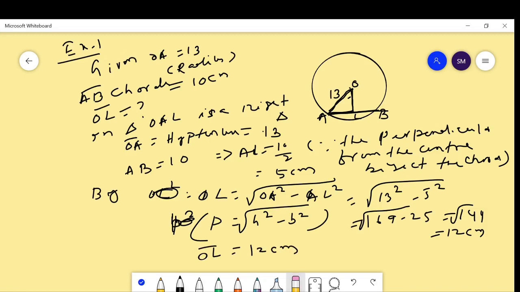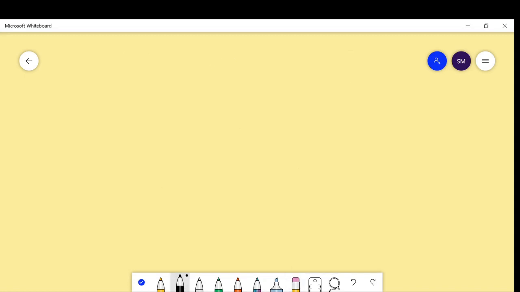Then the next question. Example 2 says, find the length of the chord which is at a distance 5 cm from the center of the circle of radius 13 cm.